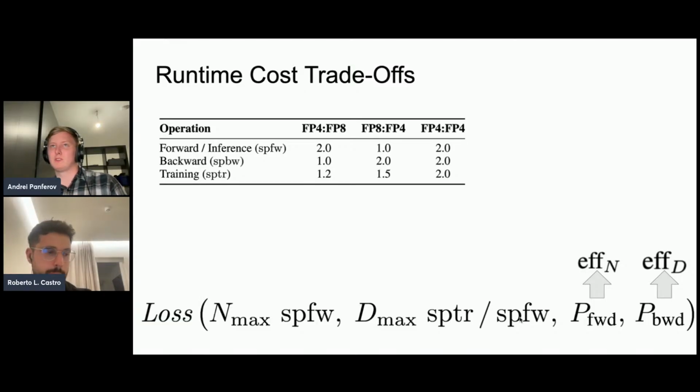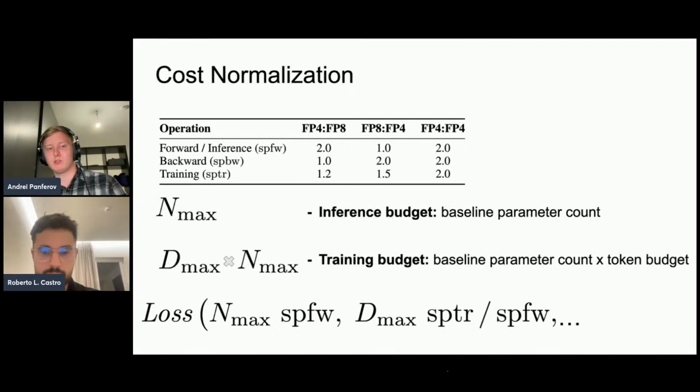If you write out the actual costs, training budget is proportional to the two, and when you multiply these two, you get exactly N times D times the training speedup, which makes sense because you increase compute exactly by this training speedup. So yeah, if you do the math carefully, it comes out like this.